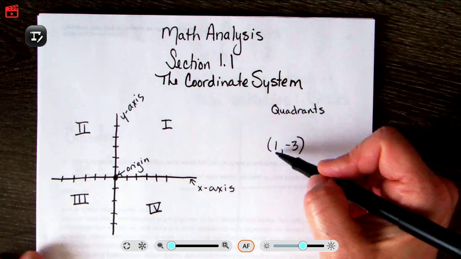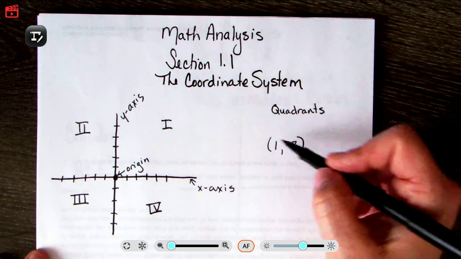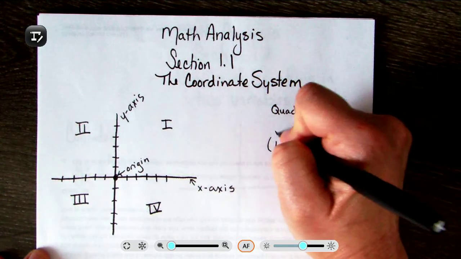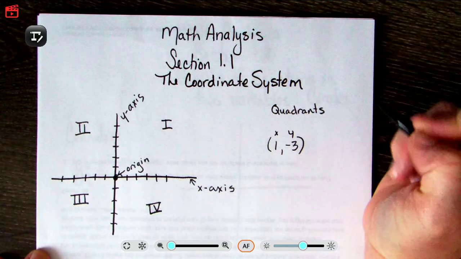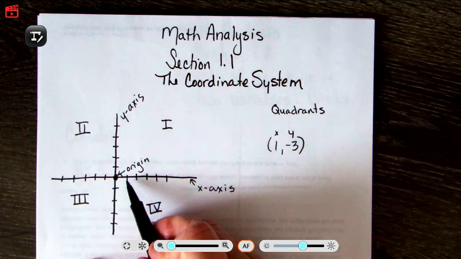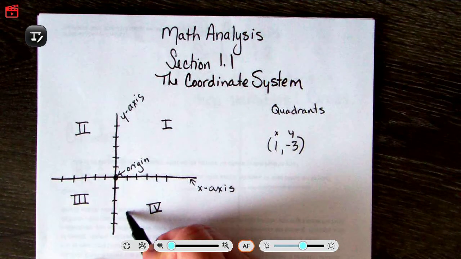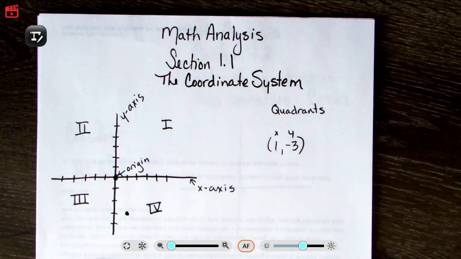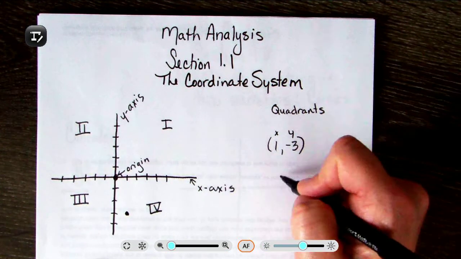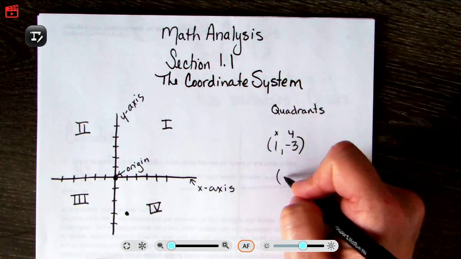So the point 1, negative 3, first of all, it is alphabetical, so this is your x and that is your y. So 1 on the x, and then negative 3 on the y value, and it would go right there. We'll do one more for good measure.